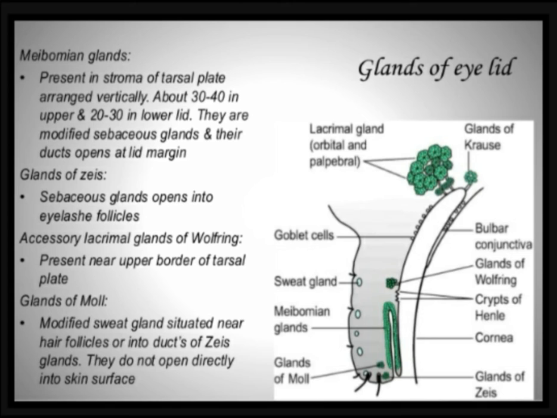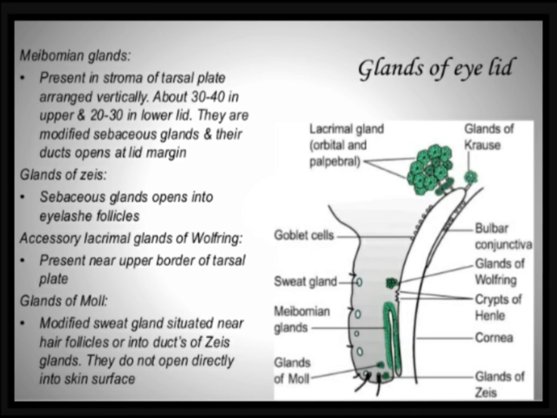Here is the location of all the glands in the eye, as you can see in the diagram. There are many glands, like Meibomian glands, glands of Moll, glands of Zeis, crypts of Henle, glands of Wolfring, bulbar conjunctiva, glands of Krause, lacrimal gland, etc. Now here is some information about the glands.